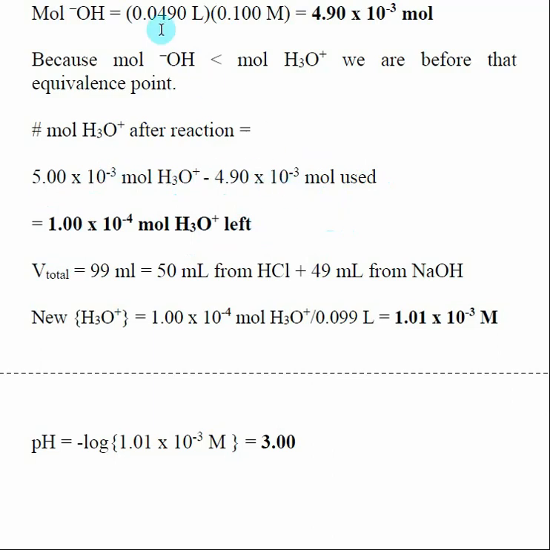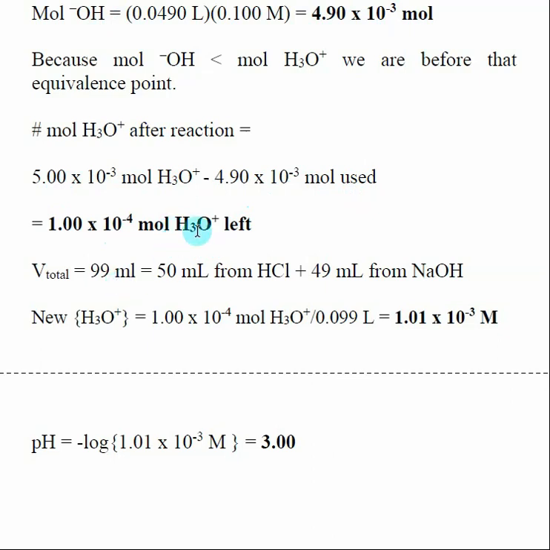Remember that's a 1-to-1 mole ratio, so for every 1 mole of hydroxide we add, we use up 1 mole of hydronium. We started with a certain amount of hydronium, we've used up a certain amount, and now what we have left is a certain number of moles of hydronium.